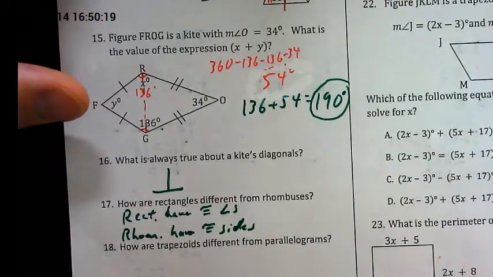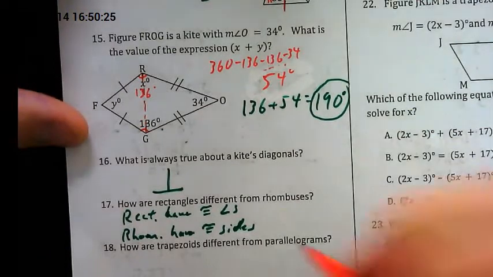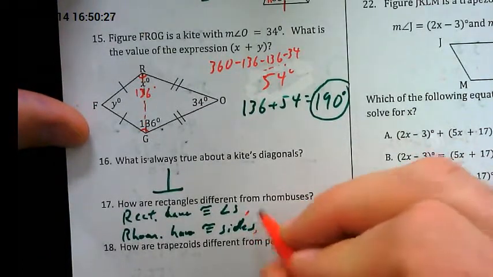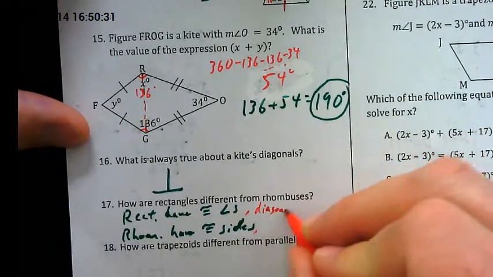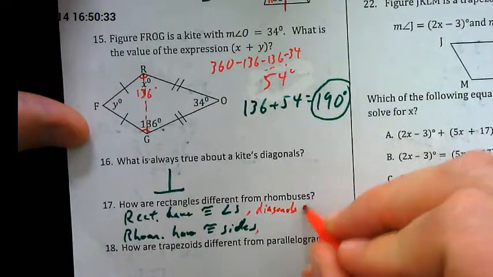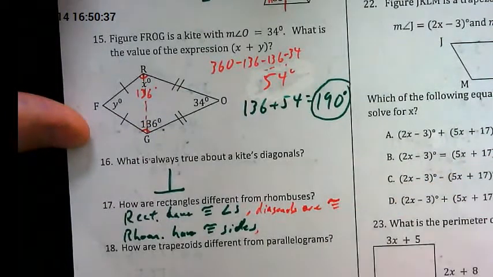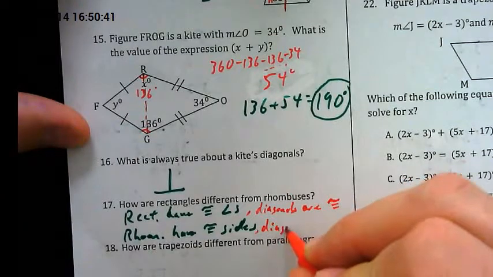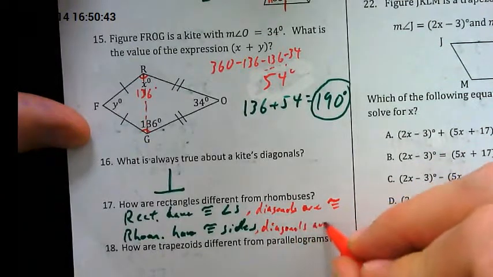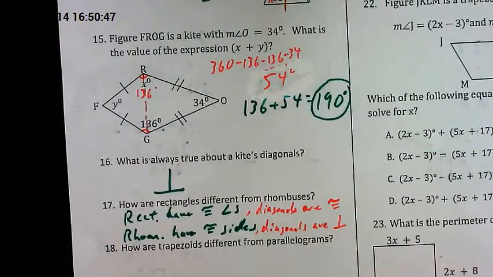They talked about diagonals, and that's fine too. In a rectangle, I'm going to add this fact over here: diagonals are congruent. Rhombi diagonals are perpendicular. So again, there's more than one correct answer here.